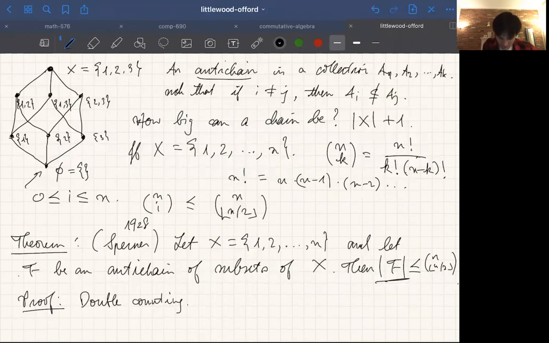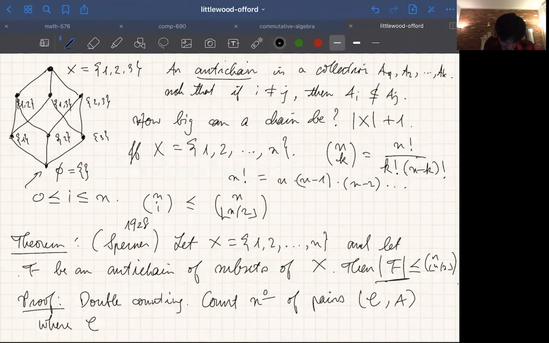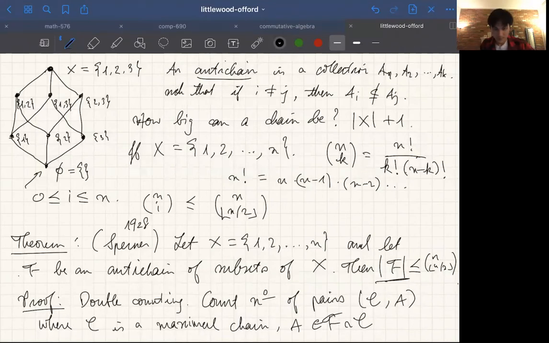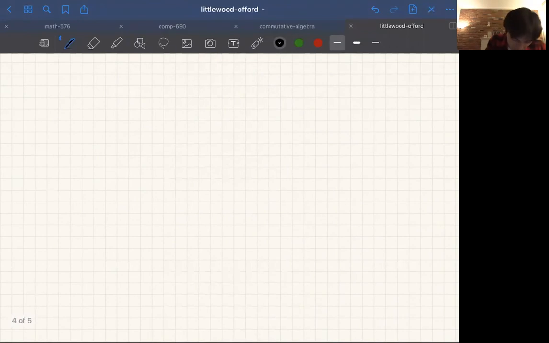What we're going to do is count the number of pairs (C, A), where C is a maximal chain and A is in F, but A is also in C. So A is in F intersection C. We're going to count this in two ways. First way.